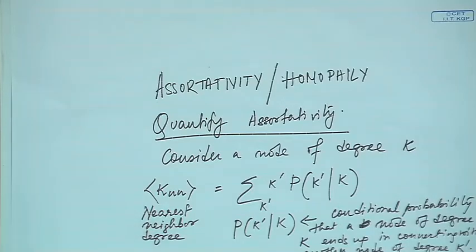So, this is the conditional probability that a node with degree k will connect at its other end with a node of degree k prime. This conditional probability multiplied by the node degree at the other end, the k prime, summed over all such k primes defines the nearest neighbor degree.